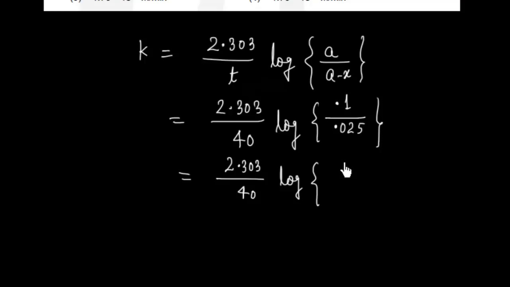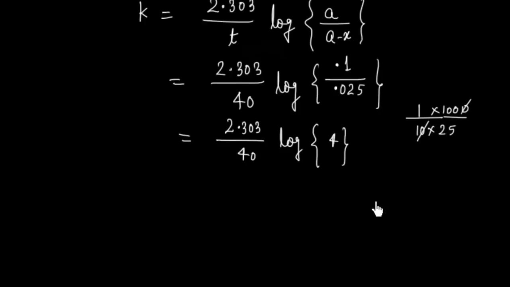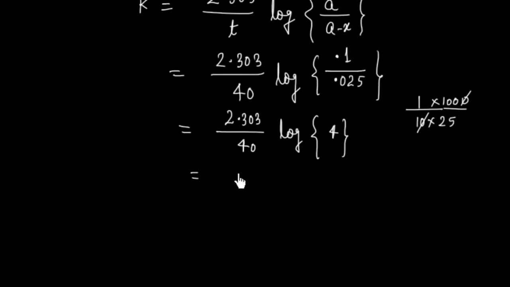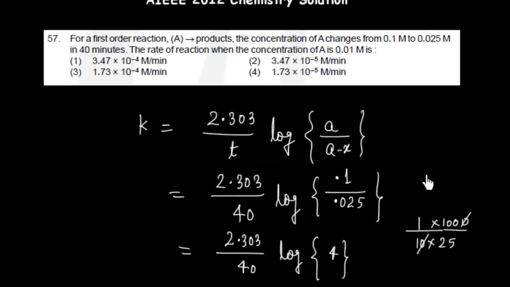You can do it yourself. This is 1 by 10 and this is 25 by 1000. So this is 100 by 25, so this is 4. So log 4. I can take 2 outside. So you have 2 into 2.303 by 40 into log 2. So this is the rate constant K value.